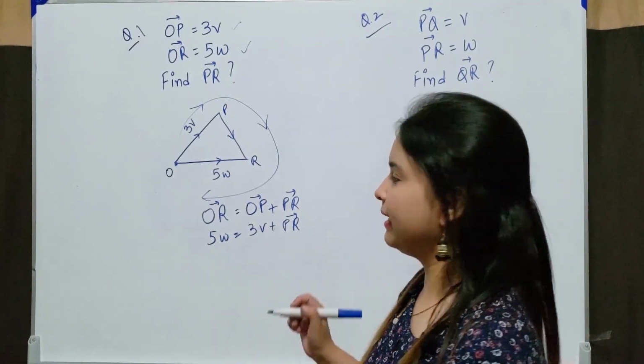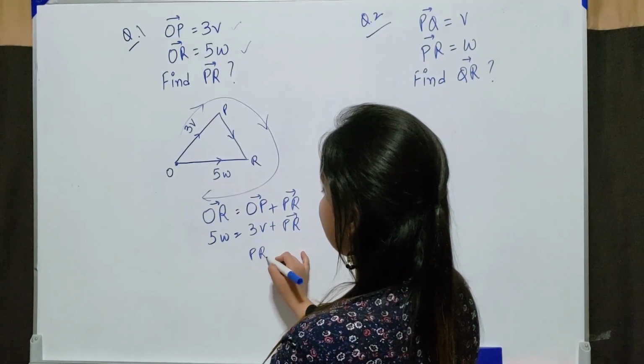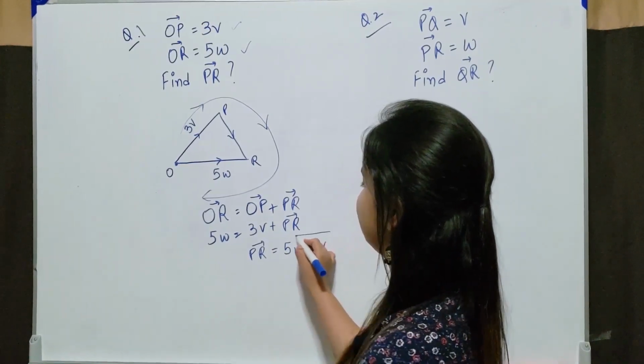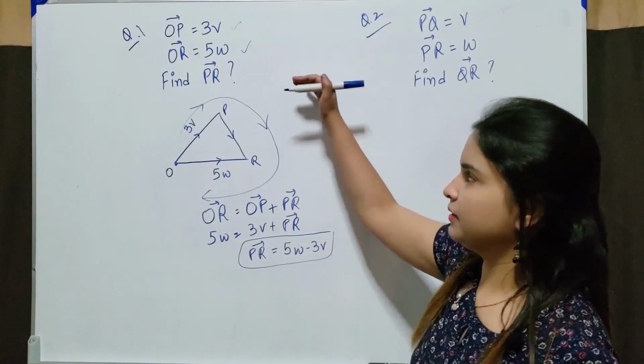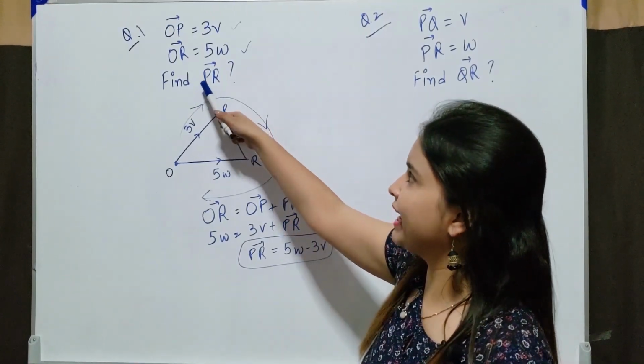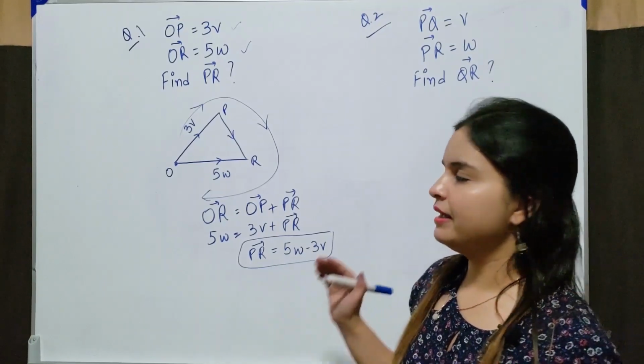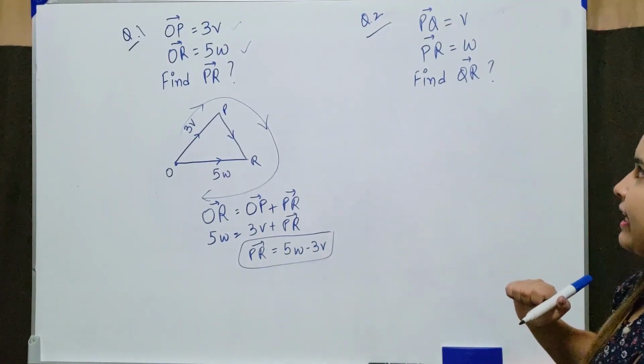So what is my PR? PR is 5W minus 3V. The question was find PR, so PR is 5W minus 3V. Similarly, I can solve my second question.